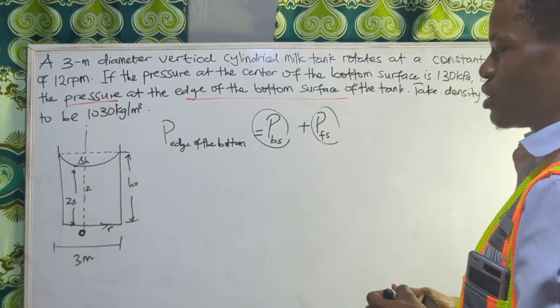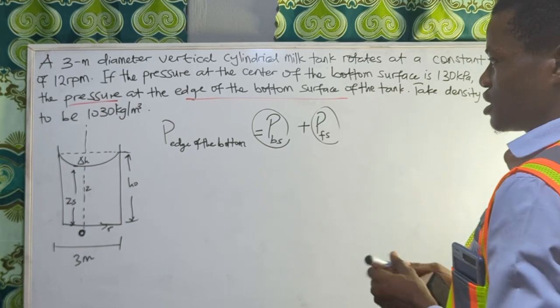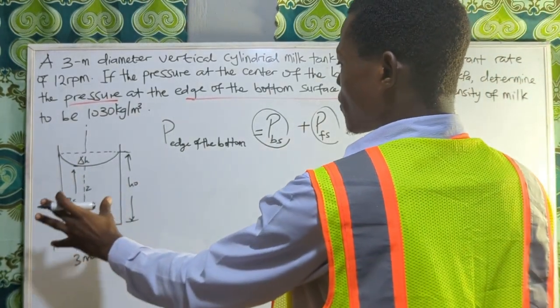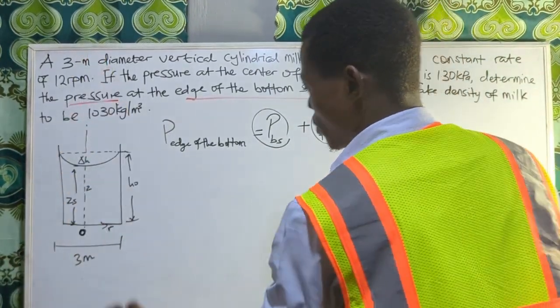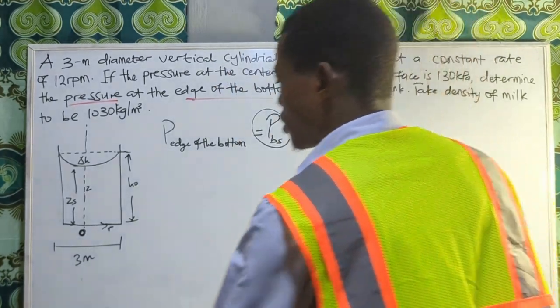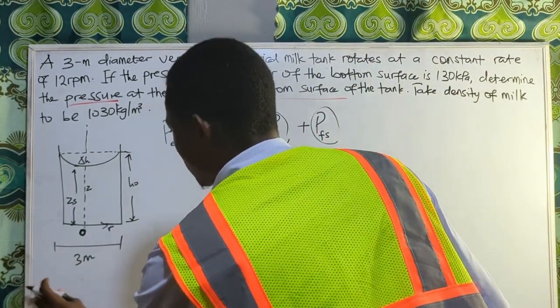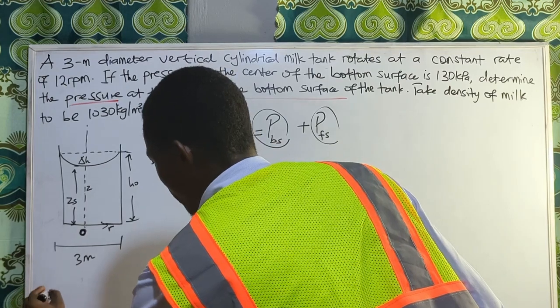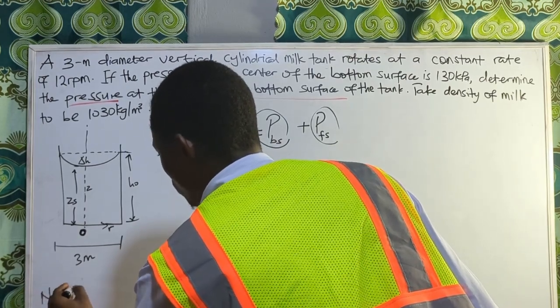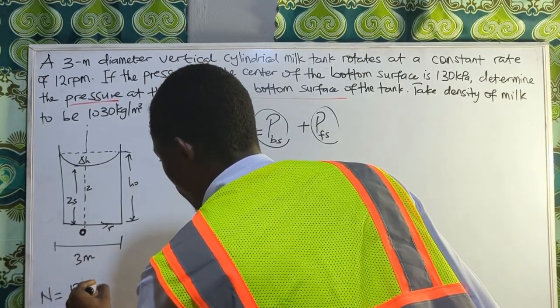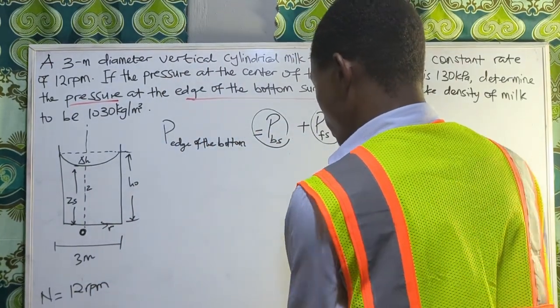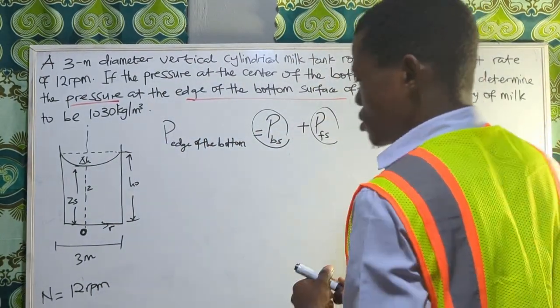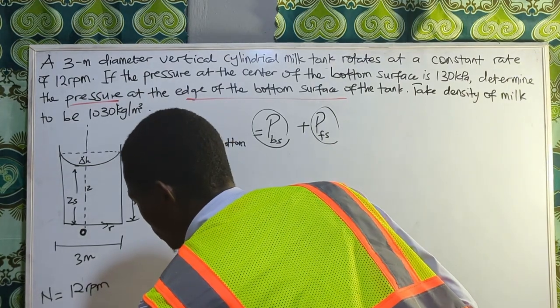So how do we go about this question? This is the only information given to us. Also, we've been given the constant speed, that's N, equal to 12 RPM. We change it to omega.